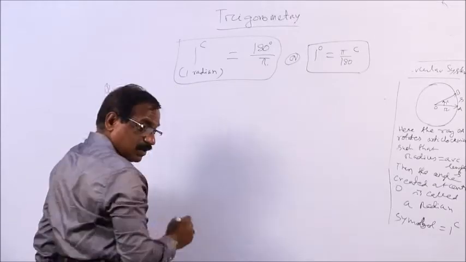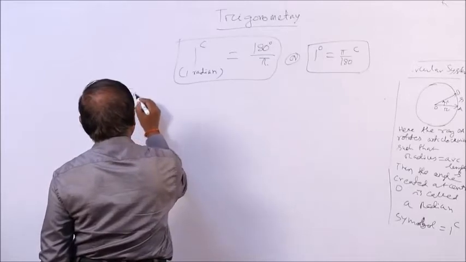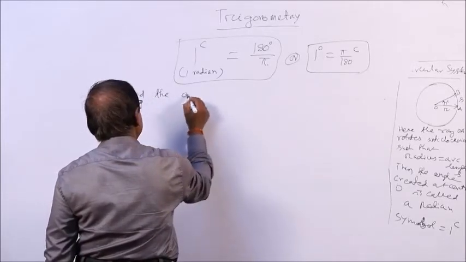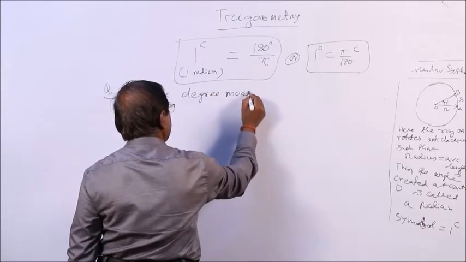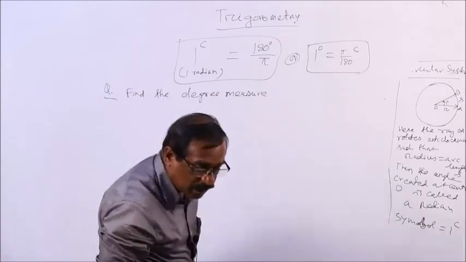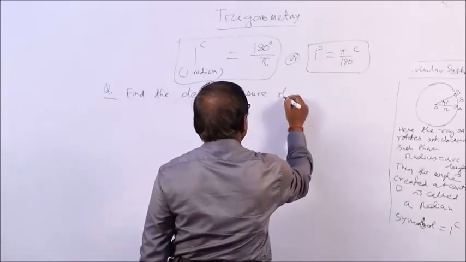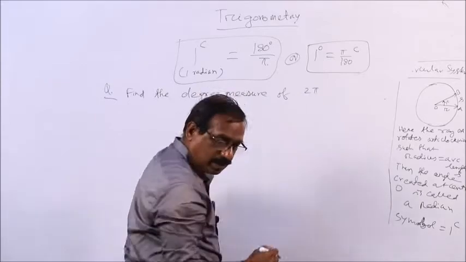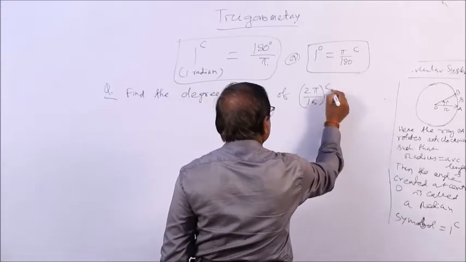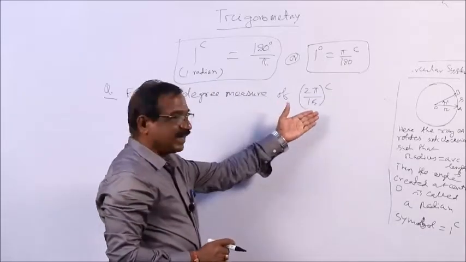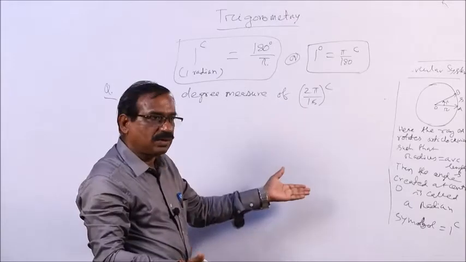Question: find the degree measure of 2 pi by 15 c. That means this angle is given in radian and we have to change it to degrees.